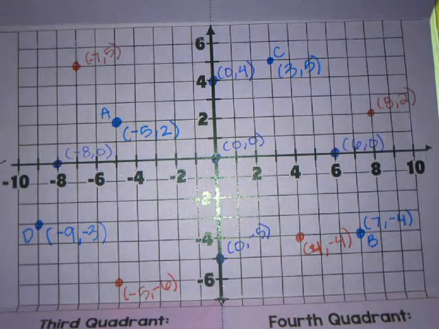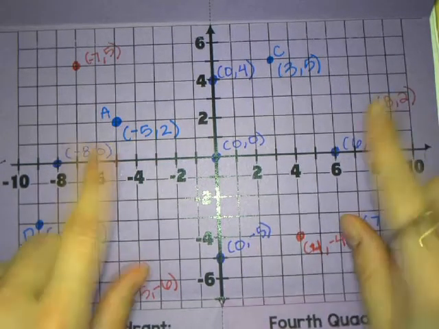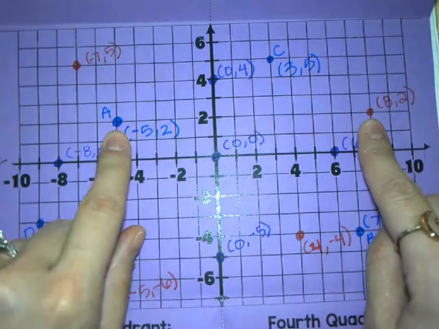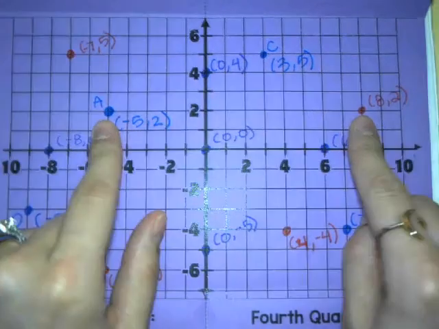Okay, I don't need you to write it down, but I want you in your head thinking about how far apart are these 2 points right here. What is the distance between the 2 points that I'm pointing to? Don't say it out loud, just think it in your head.